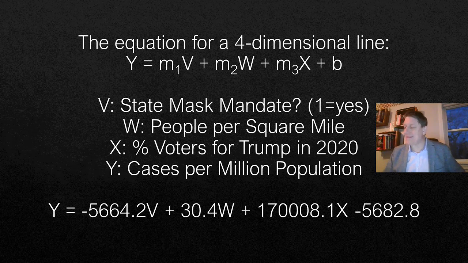And that's the 170,008.1 times x. x is the percent voters for Trump in 2020. And then the intercept, where all those other x's are 0, tells us that the predicted cases per million population would be 0, which is not surprising because many of those variables are never going to get to 0. No state has 0 people per square mile, and no state had 0% voting for Donald Trump.